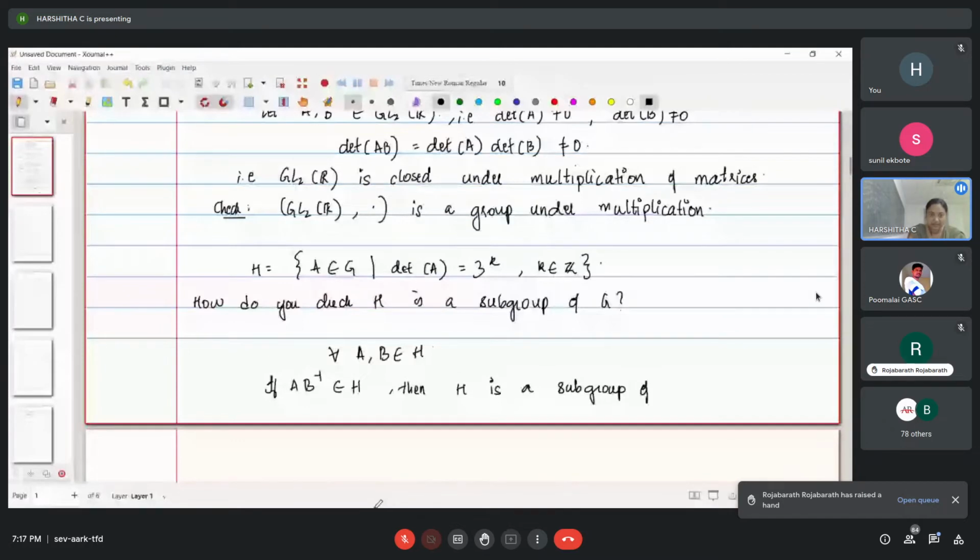Again, I insist, when we say AB inverse, this inverse and this multiplication are with respect to the original operations in the group G. Is this clear? Any questions on just this condition?